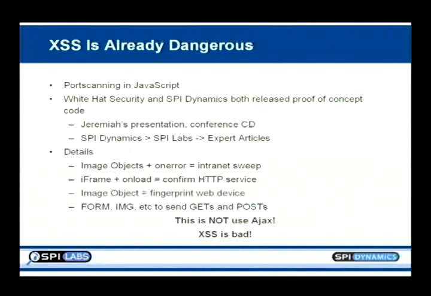Then I would use an iframe and an onload event to determine that it was in fact HTTP coming back to me and not some type of server banner. And finally, we would use image objects to request known images and check their dimensions to fingerprint the device. None of this that I just talked about is using AJAX, and it's already really, really bad.